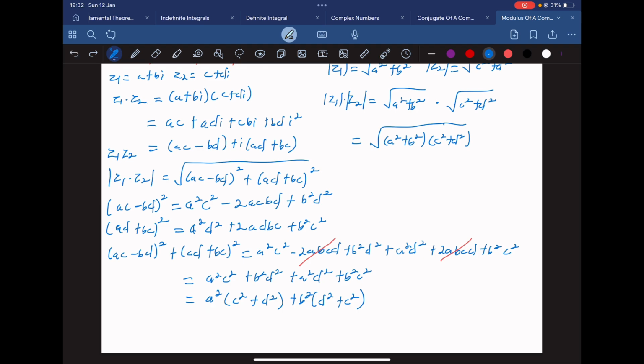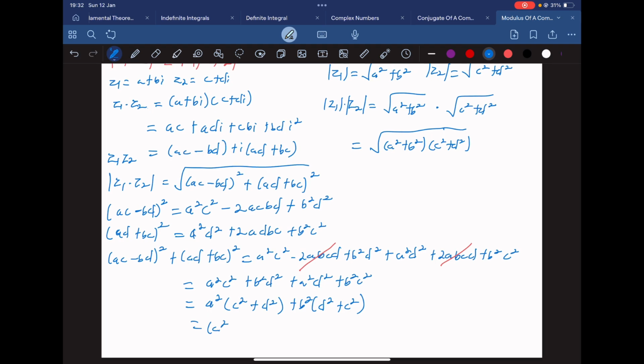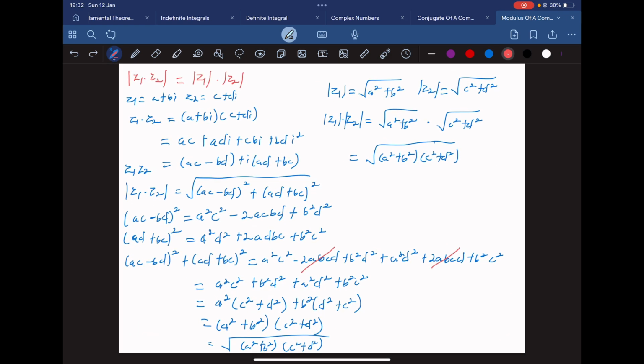So we can have A squared plus B squared, then we can also have C squared plus D squared. And now remember, everything is under the square root, so we can now bring the square roots. We have A squared plus B squared and then C squared plus D squared. Clearly, you can see that this is the same thing as this. So you've shown it. Okay.